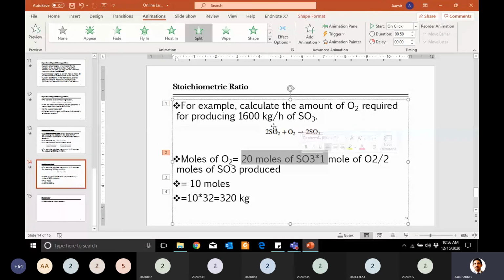Simply by using the unitary rule which you have used in FSc classes: when there are 2 moles of SO3, 1 mole of oxygen is needed, so when 1 mole of SO3, it will be 1/2. And when there are 20 moles of SO3, it will be 20 over 2, that is equal to 10 moles of oxygen needed. So that's a simple one. If still any confusion, just tell me.